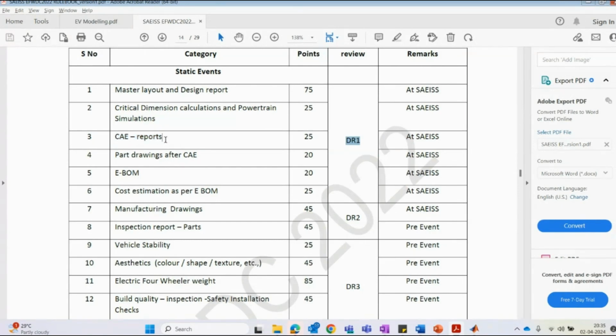The whole point is to get experience doing a simulation and understand what information you are feeding. Let's say you're applying a load of X kilonewton at a joint. Now see how it is affecting it: what is the deflection, what is the stress that you're getting.